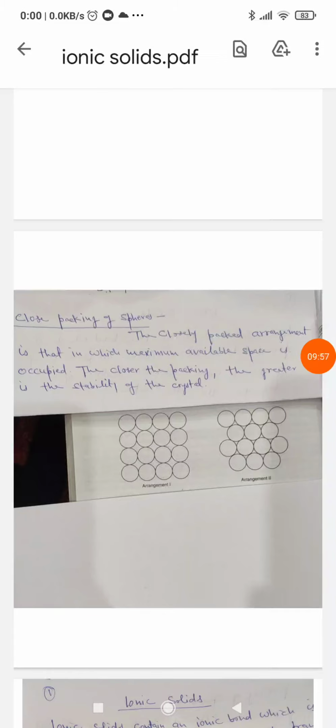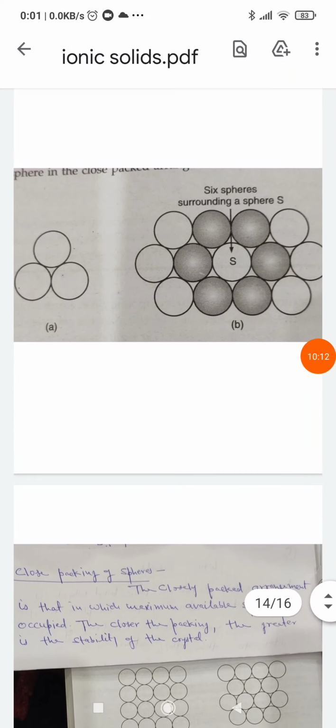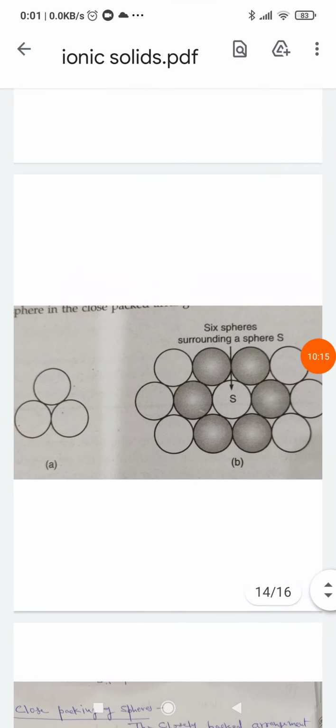Now, in the close packed arrangement, that is arrangement 2, the centers of the nearest pairs are at the corners of the equilateral triangle, as shown in Fig B. Each pair is in contact with 6 other similar pairs, and the number of nearest neighbors with which a given pair is in contact is called its coordination number.